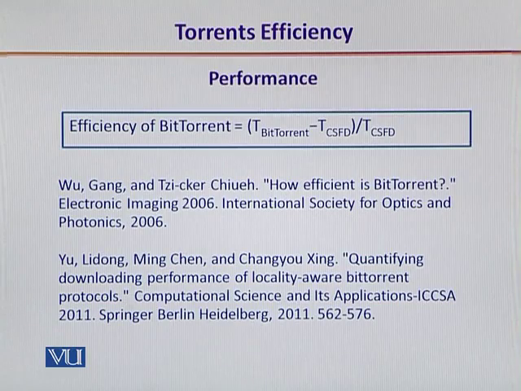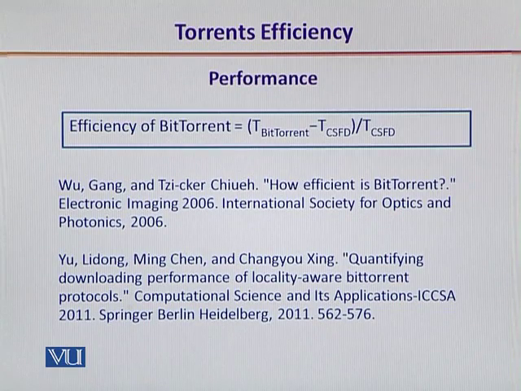And another one is by Li Dong-Yu, Quantifying Downloading Performance of Locality-Aware BitTorrent Protocols. Both of these papers talk about various aspects which play their role in determining the overall efficiency and working of the BitTorrent system.